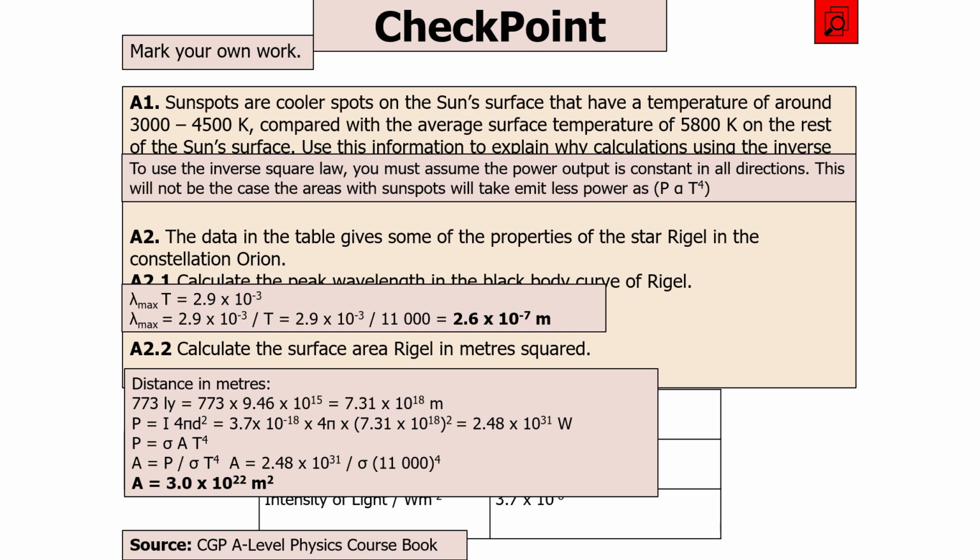Now what is d? It's the distance between us and Rigel, so we're going to convert that into meters if you want to work out a value in meters squared later. So we convert from light years into meters. That conversion is given to you on the equation sheet. You then pop it in to work out the power, pop that into Stefan's law, so you get out 3.0 times 10 to the 22 meters squared.